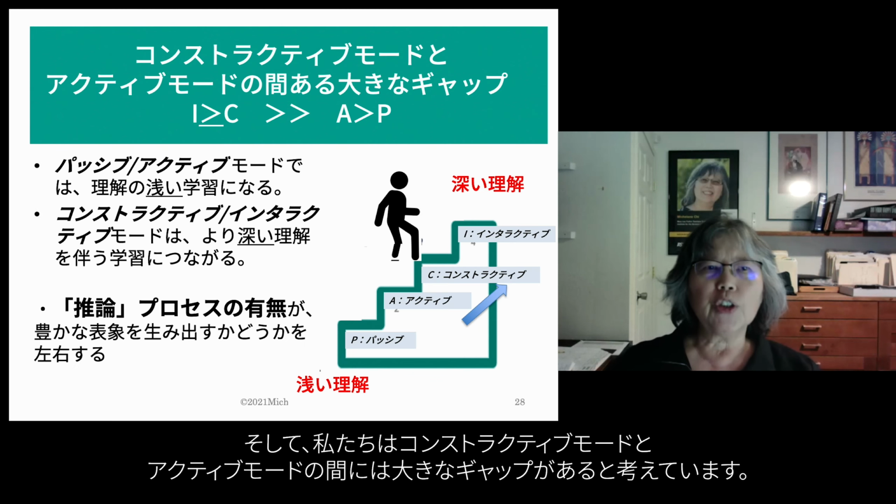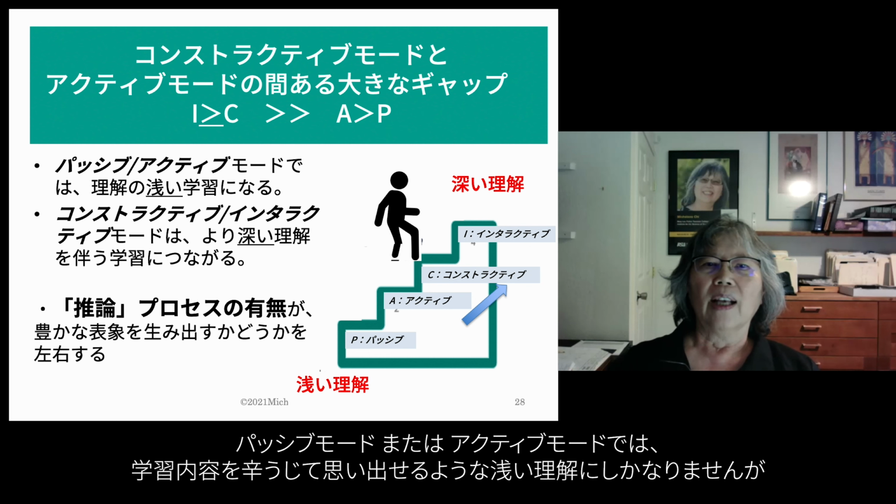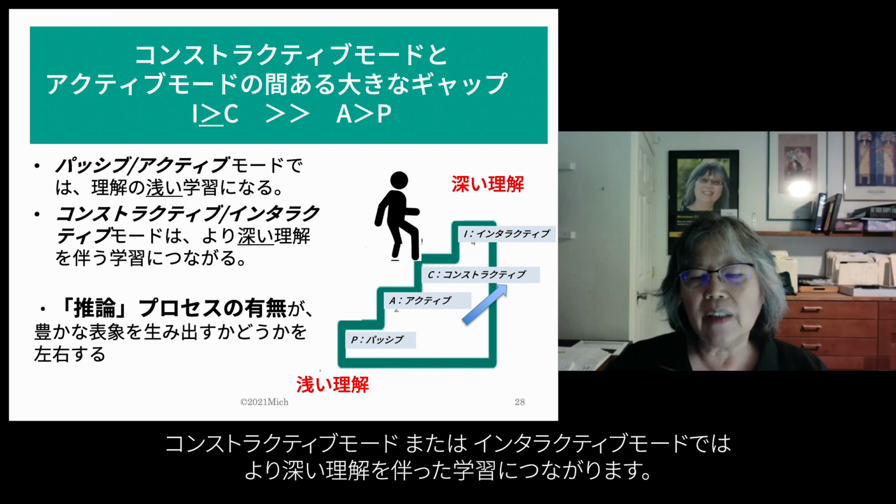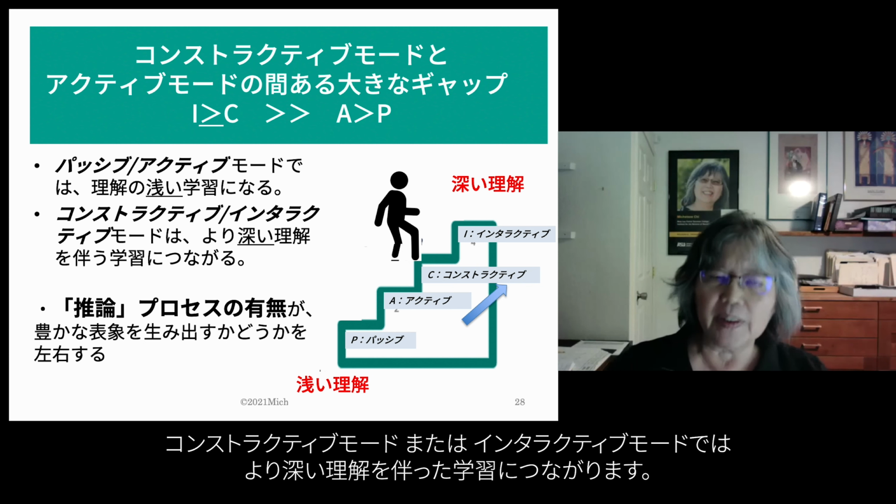We further assume that there's a bigger learning gap between constructive and active. That is, the passive mode and the active mode lead to learning shallow understanding down here, allowing mostly for good, accurate recall of instruction.